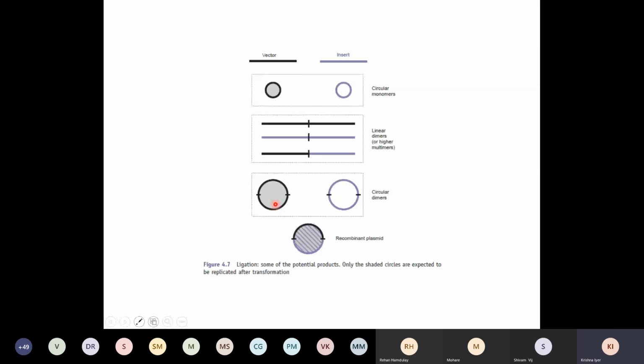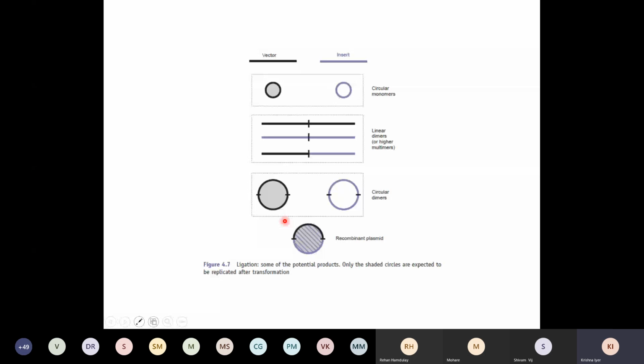So typically I take a whole bunch of vector molecules, I take a whole bunch of my DNA which I have cut out, I simply mix them together, I treat them with ligase, and I allow all these events to occur at random. I don't care, in a sense. But what I will do is select for which bacteria has taken up this type of plasmid by the unique property the plasmids have.